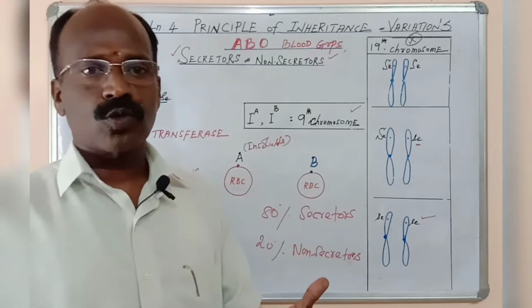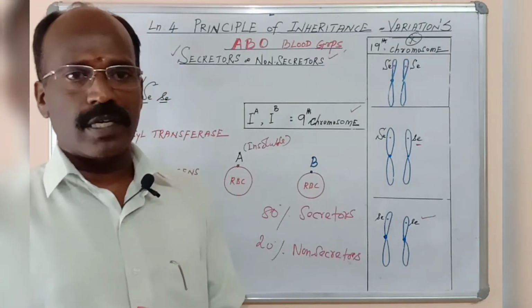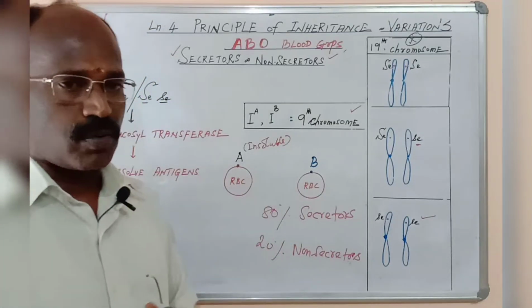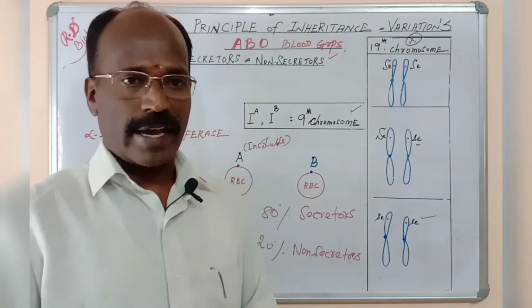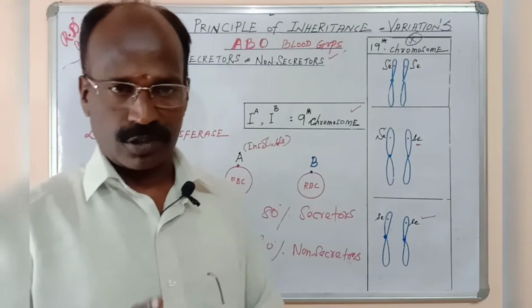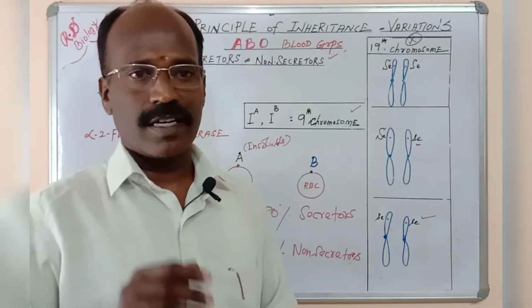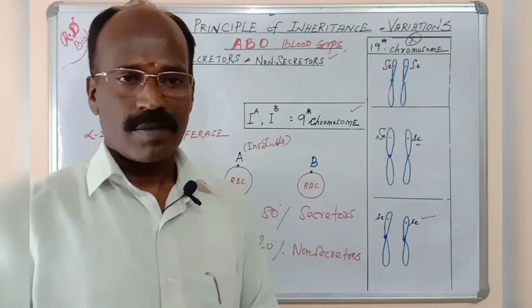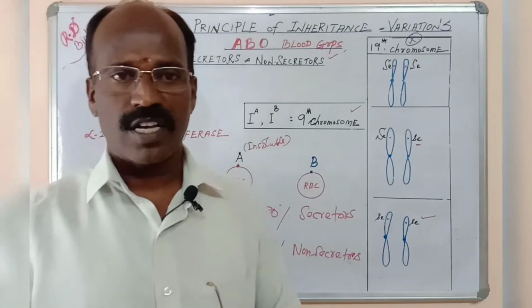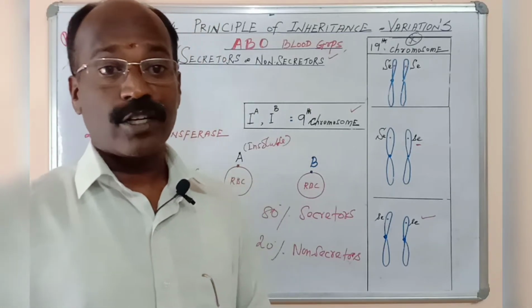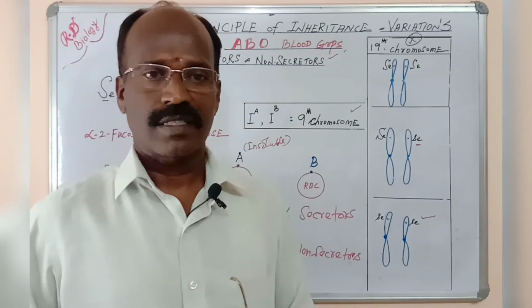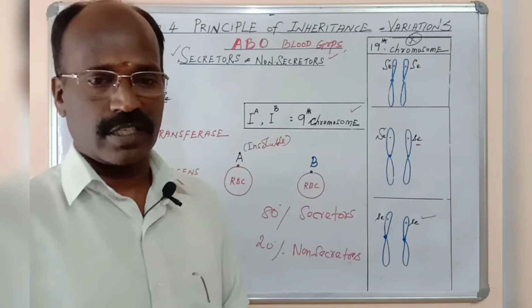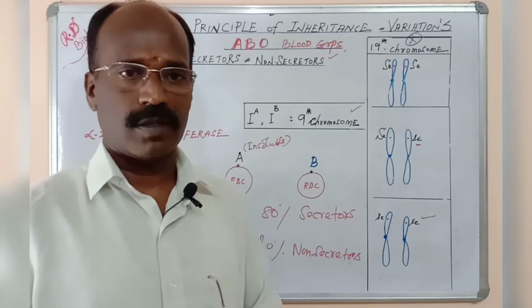Apart from being stamped on the RBC, antigens A and B sometimes get dissolved and made available in the plasma, saliva, sweat, and even in other bodily secretions like urine, semen, and tears.